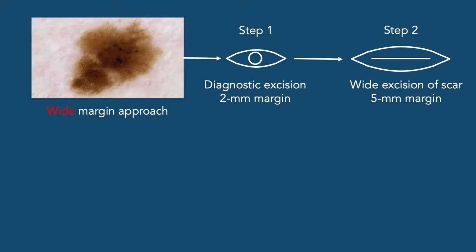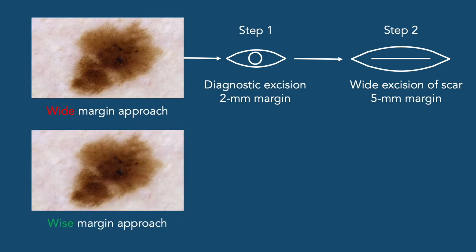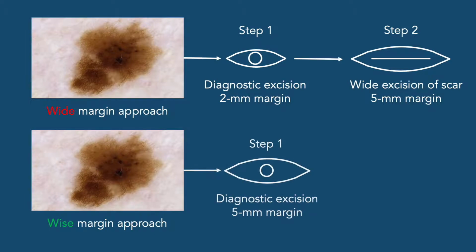So instead, what we propose is a WISE margin approach. The WISE margin approach is excising the suspicious lesion immediately with a 5 millimeter margin because we already can predict that this was an in situ lesion in the worst case scenario. This will save healthcare and the patient a lot of unnecessary costs, pain, suffering, and excessive work.